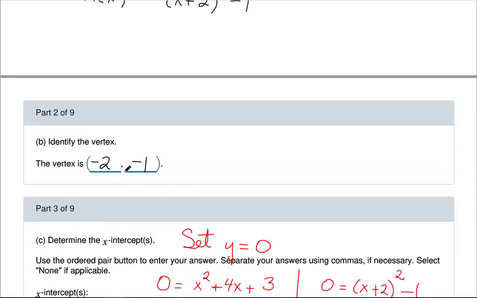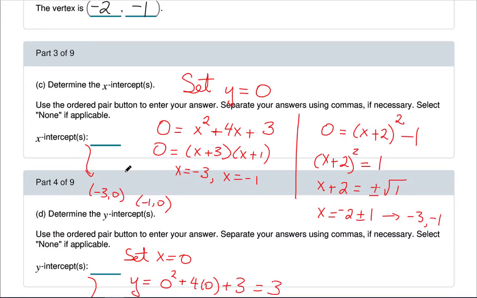Alright, so now we know what that is. The x-intercepts, well, I set y to 0. In this case, it is factorable. 3 times 1 is 3. The middle is 3. The outside is 1. That does give me the 4 in the middle. And then I set each piece equal to 0 to give me these numbers.